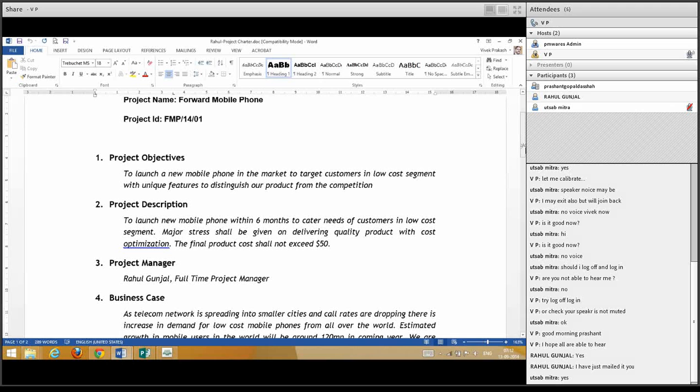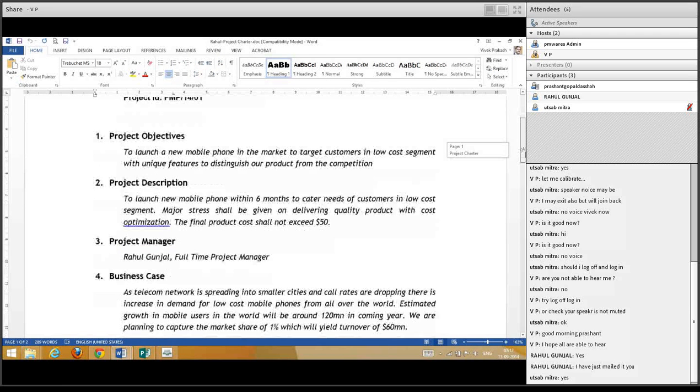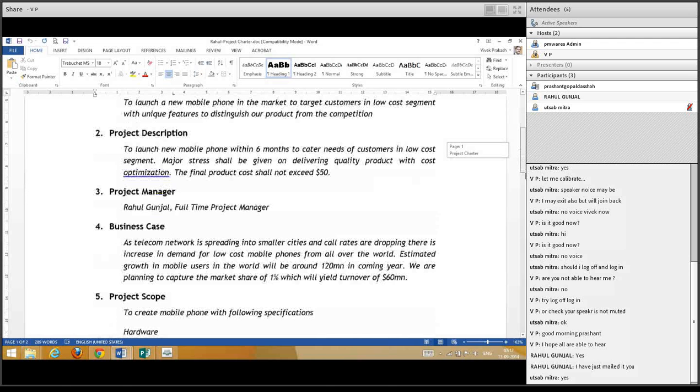To launch a new mobile phone within 6 months, needs of customer in low cost segment, major stress shall be given on delivering the quality product with cost optimization. The final product cost shall not exceed $50.